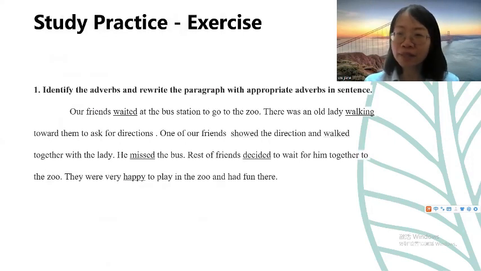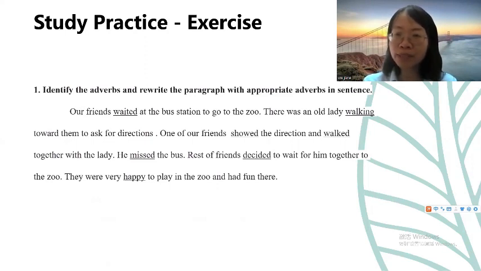Okay, then if you don't, let's work together on the interactive practice. In today's practice, I have published a paragraph in Blackboard. You can go ahead and find it under this chapter. Once you have this paragraph, you will see I have underlined the key words that you will pick adverbs to describe.